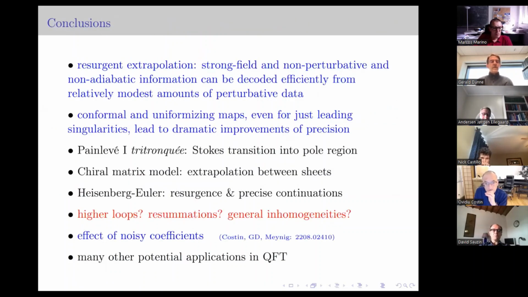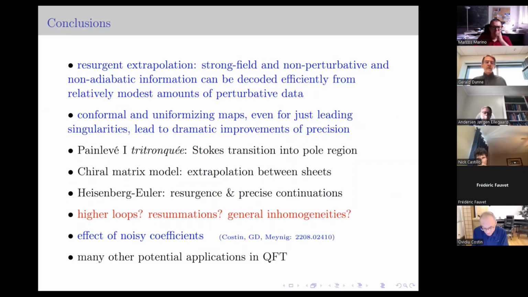Let me just now go to the conclusions. The main point of the talk: I hope I've convinced you that there's some hope that these novel extrapolation techniques, which are actually not that complicated, can take us from some weak field, perturbative, or adiabatic regime into the strong field, non-perturbative, or non-adiabatic regime, using some fairly systematic steps for which we can understand the level of precision of each step, not just doing some random thing for this problem and another random thing for another problem.